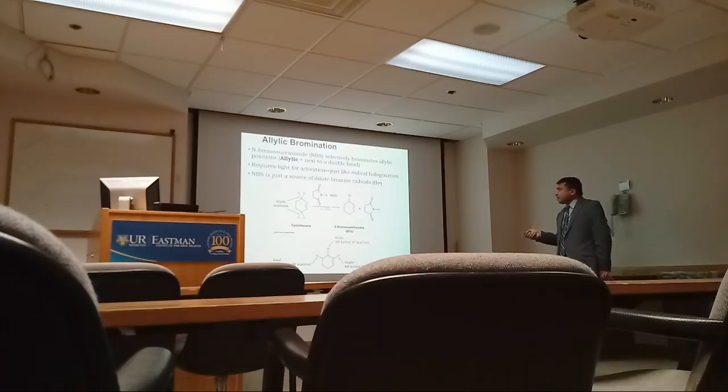Now, the final product is shown here, but it goes through a lot of steps and intermediate products. But finally, what you get is that one of these hydrogens, as you see here, is replaced by the bromine.